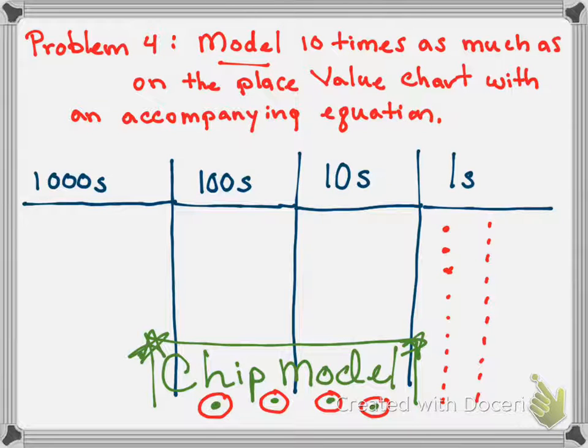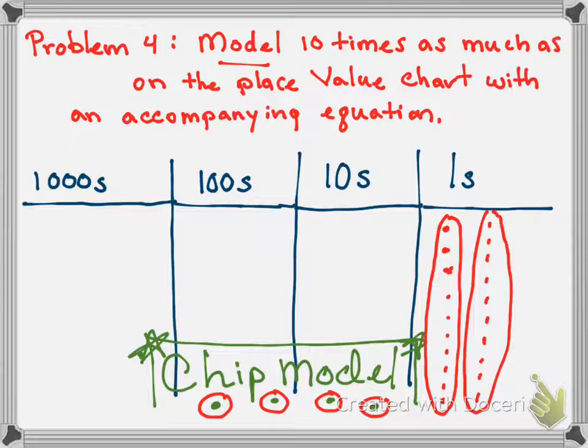Now remember what I said, bundling. We want to bundle up groups of 10. So right here is a group of 10 chips, and this is another 10. How many 10s do we have? We have 2 10s.